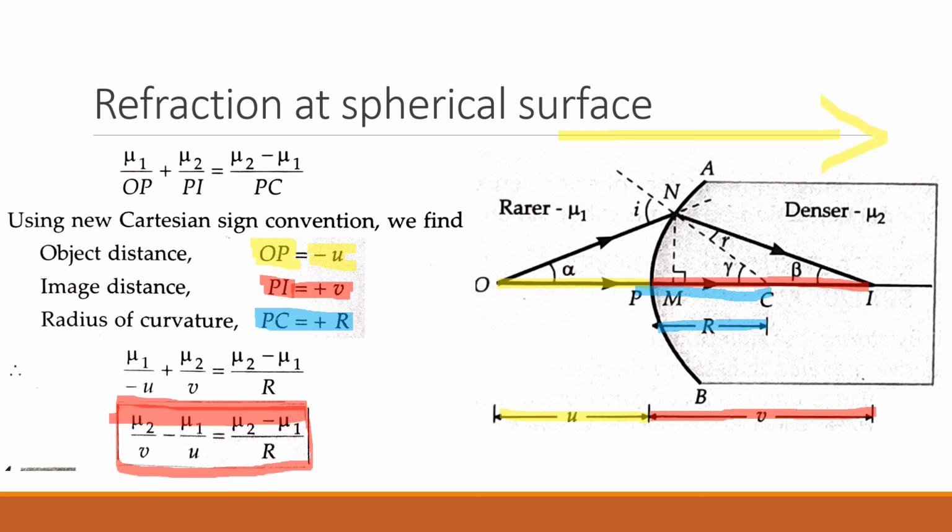So this relation forms a relation between the object distance u, your image distance v, and the radius of curvature R. If you know the refractive index of the denser medium and the refractive index of the rarer medium, and out of these three quantities any two quantities, then you can find the third quantity.